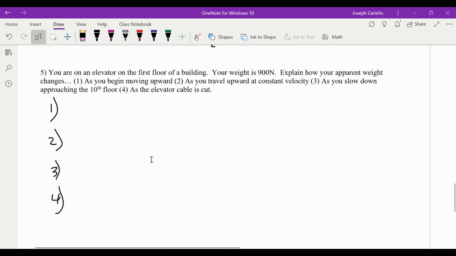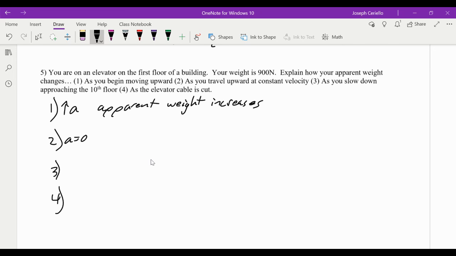And for this last one here, you are on an elevator on the first floor of a building. Your weight is 900 newtons. Explain how your apparent weight changes as you begin to move upward. So if you accelerate upward, apparent weight increases. As you travel upward at constant velocity, the acceleration is equal to 0.